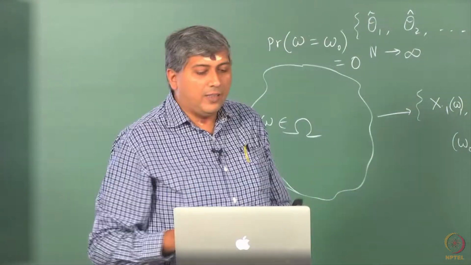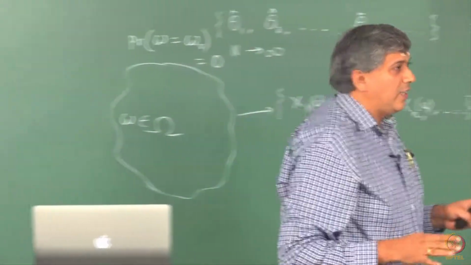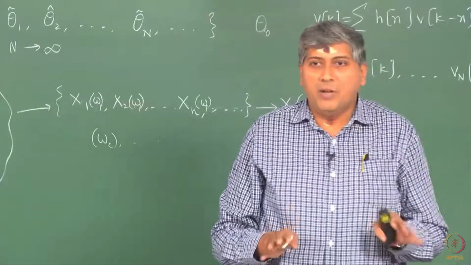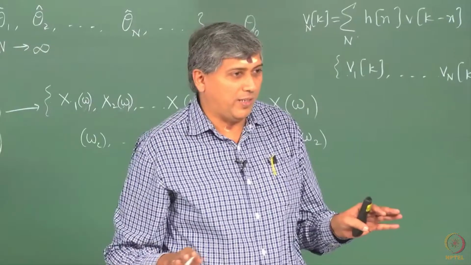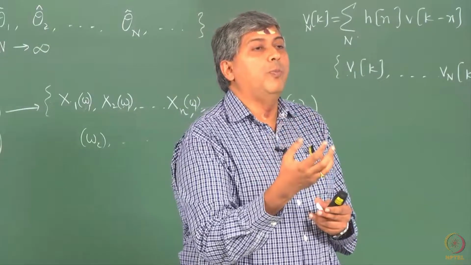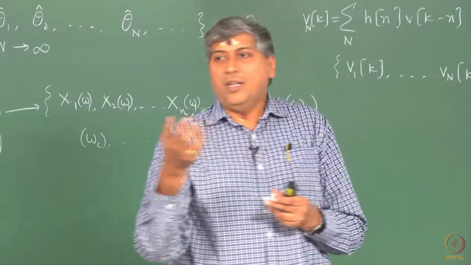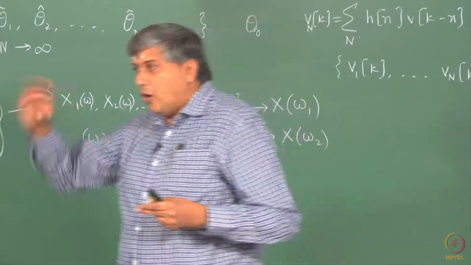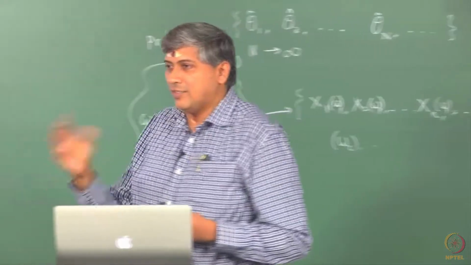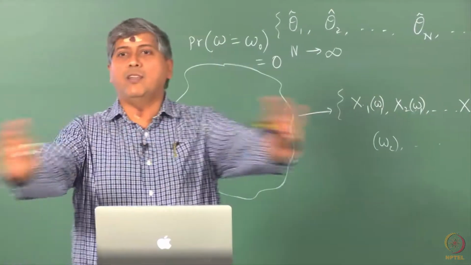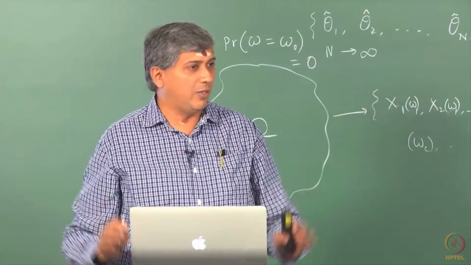Therefore, we say that this sequence converges to this given random variable in an almost sure sense. Almost sure meaning there are a few trigger points, a few realizations in the sample space, which generate sequences that do not converge, but otherwise it converges.